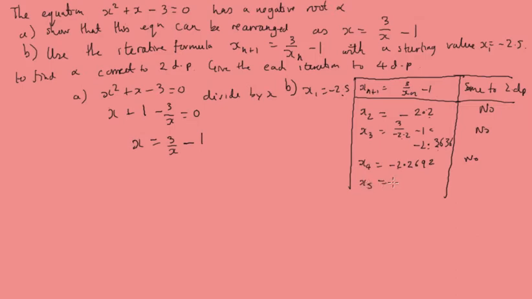x5 will be equal to minus 2.3220. Again, they're not the same to 2 decimal places. x6 is going to be minus 2.2920.